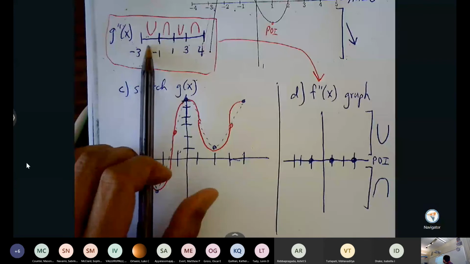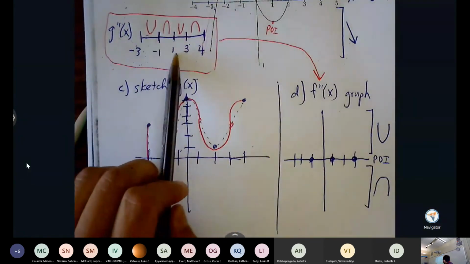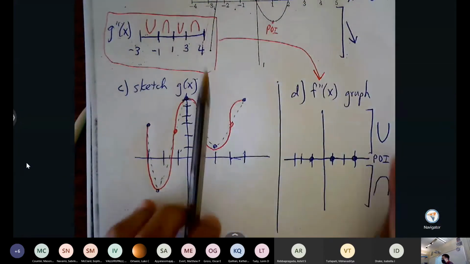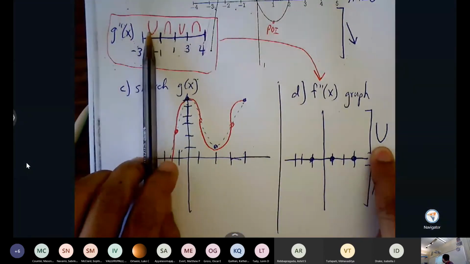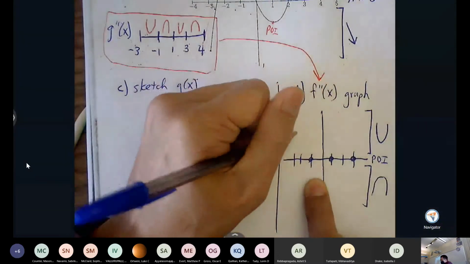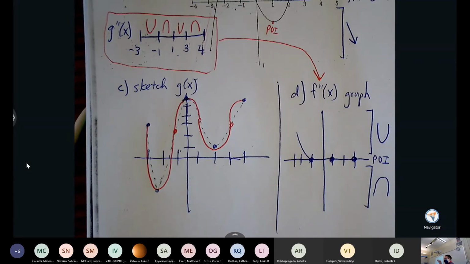Between -3 and -1, don't worry about the shape, just look at the location. I want my graph to be in this region, right? I'm matching. But it's going to have to go down because it has to connect to this point. So it has to look something like this. And the rest of it, we're just weaving back and forth above and below the x-axis through those target points.